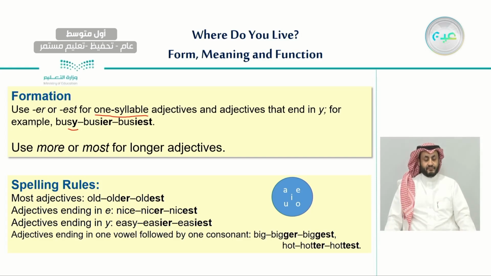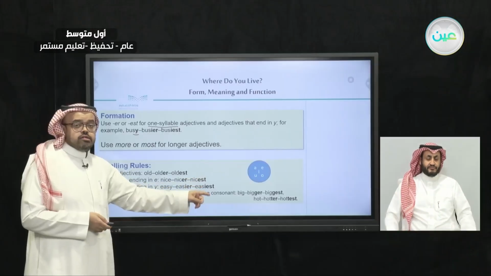We only added r here. And if we want to use it in the superlative form, we would say the nicest. Here we only added st. Also, as we said earlier with busy, with adjectives that end with y, we change the y into an i. So easy becomes easier and easiest.